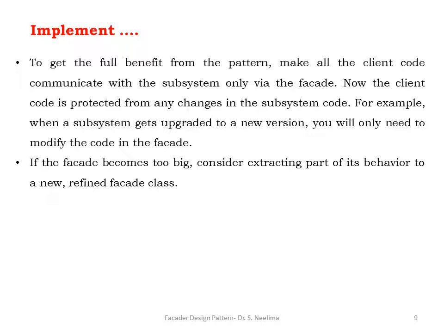Now the client code is protected from any changes in the subsystem code. For example, when a subsystem gets upgraded to a new version, you only have to modify the code in the facade. If the facade becomes too big, consider extracting part of its behavior to a new refined facade class.